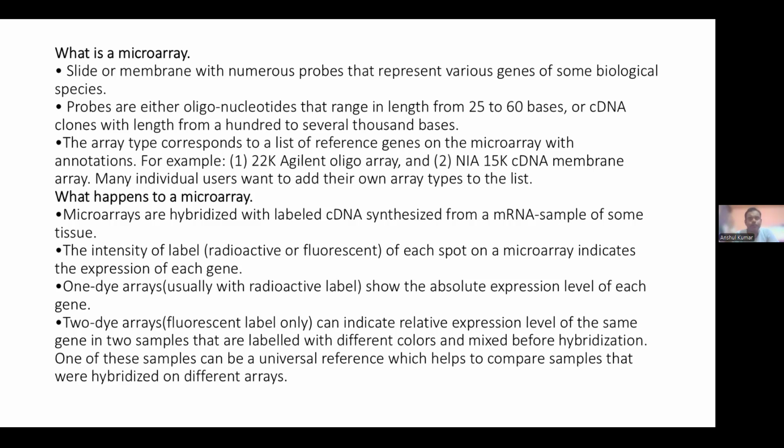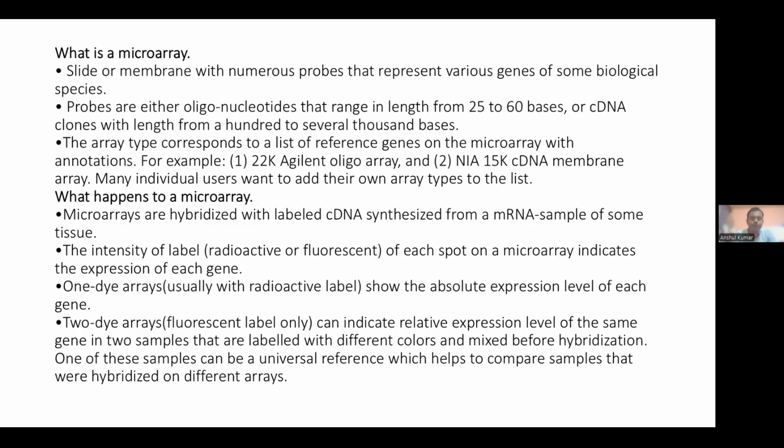Now, how are these arrays used? As I already told you the mechanism, it is based on the hybridization process, meaning that two DNA strands attach to each other, and if complementary base pairs exist on them, they will form a double-stranded DNA. And if they are not complementary, they will not attach to each other and will not get hybridized.